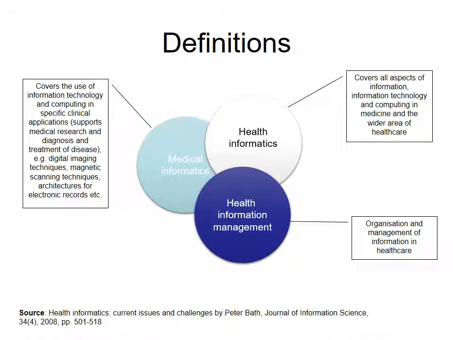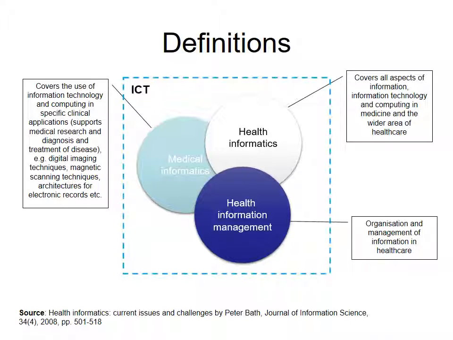And these are various aspects of your program: health informatics, health information management, and medical informatics. Each of the three definitions has been provided for you in the text boxes. But to give you an overview, ICT is something that encompasses all of them, something that permeates all of them, and you'll find that out in your own time and in your own way.